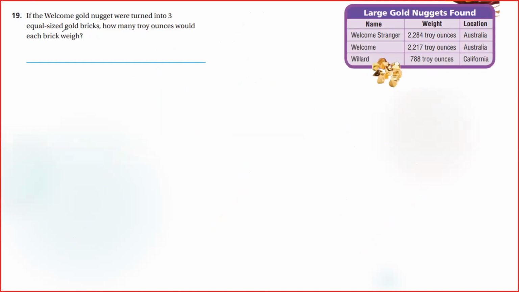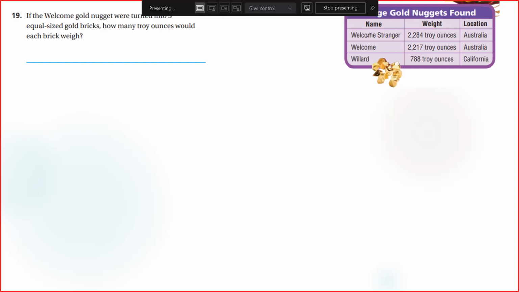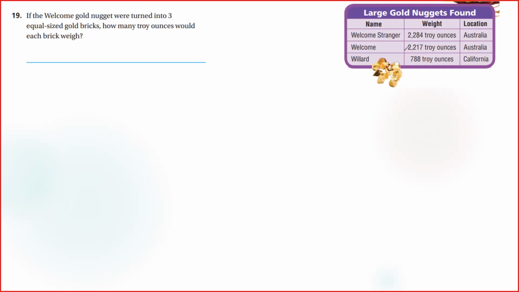If the welcome gold nugget were turned into 3 equal sized gold bricks, how many troy ounces would each brick weigh? Here, what do we have? We have welcome gold nugget. It's turned into 3 equal sized gold bricks. How many troy ounces would each brick weigh?